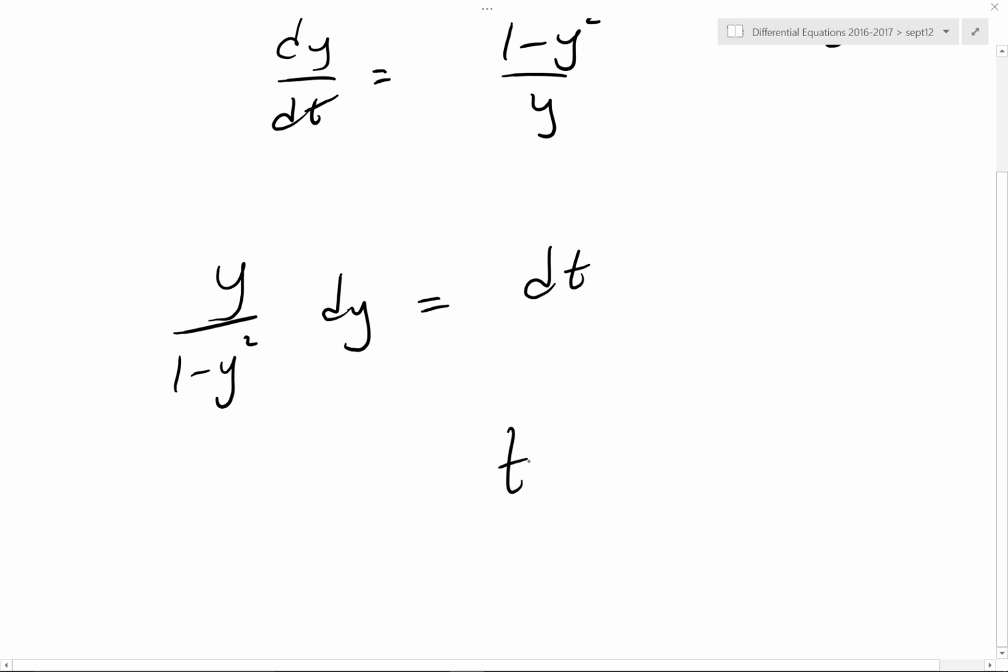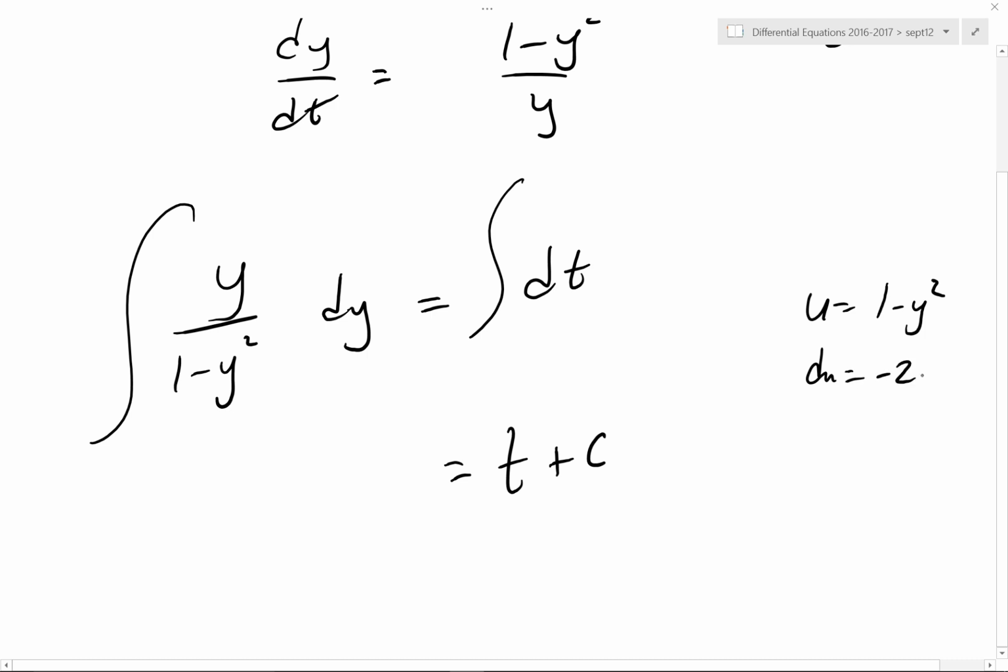All right, so any idiot can do this side, yes? How do you integrate that thing? Well, let's let u equal this feller, yes? So negative a half of a du is y dy, right? So then I really have 1 over u basically, yes?